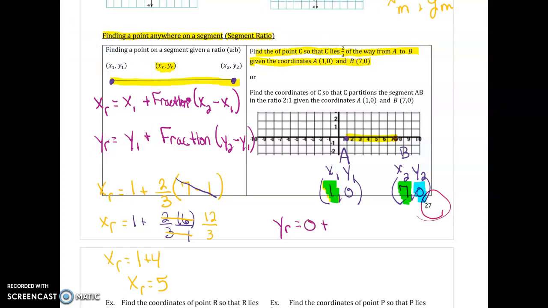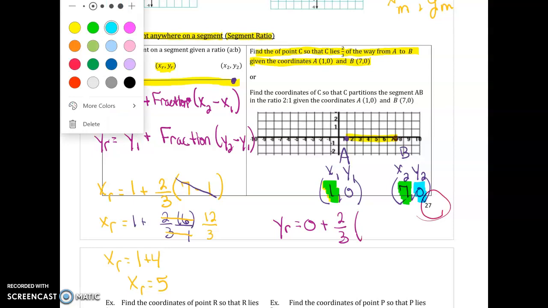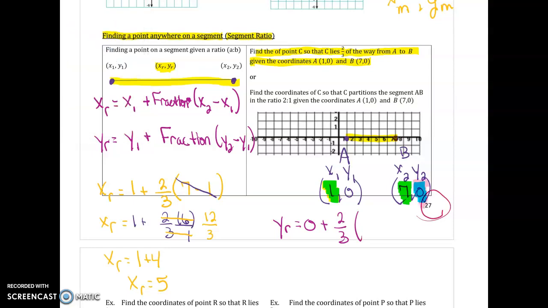And I'm going to add to that my fraction, which is still 2/3. And then I'm going to take y2 and subtract y1, which happen to be zeros for both of them. And then I do my order of operations. So I start with the parentheses. 0 take away 0 is 0.